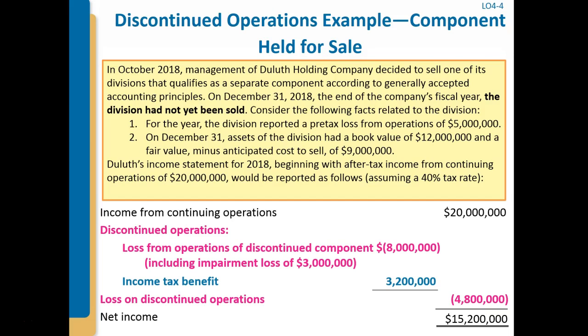Now the balance sheet gets affected also because the assets and liabilities of the component considered held for sale are reported at the lower of their book value or their fair value minus the cost to sell. And because it's not in use, an asset classified as held for sale is no longer reported as part of the company's property, plant, and equipment or intangibles and is not depreciated or amortized.